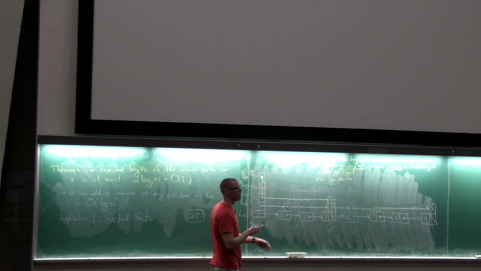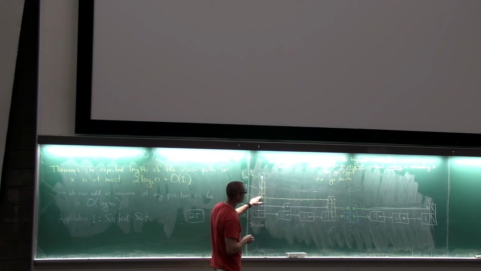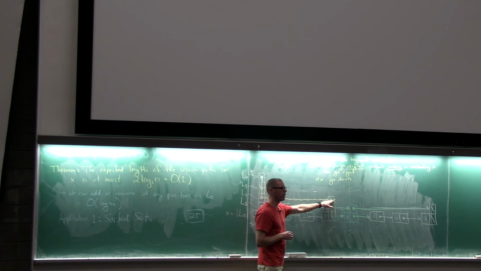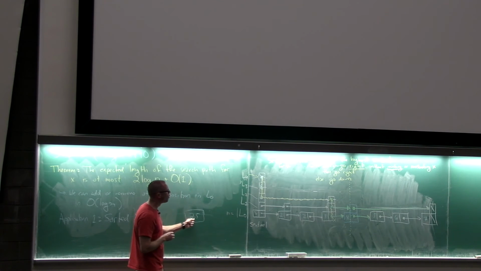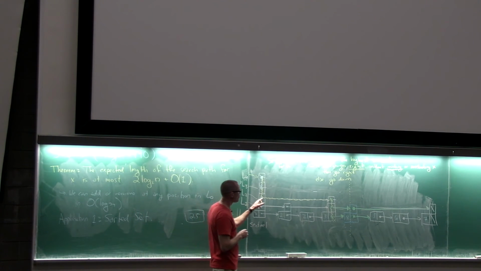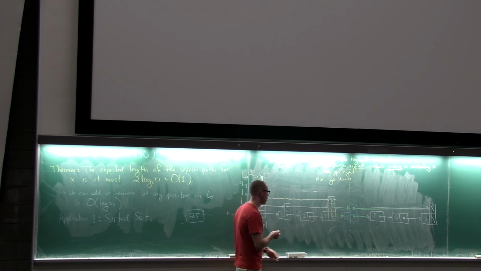Here we can't go right at all, so we go down. Again, we can't go right at all, so we go down. Here we look to the right and see 3, the node containing 3. We're looking for 2.5, so if we go right we'll overshoot, so we don't. We go down.